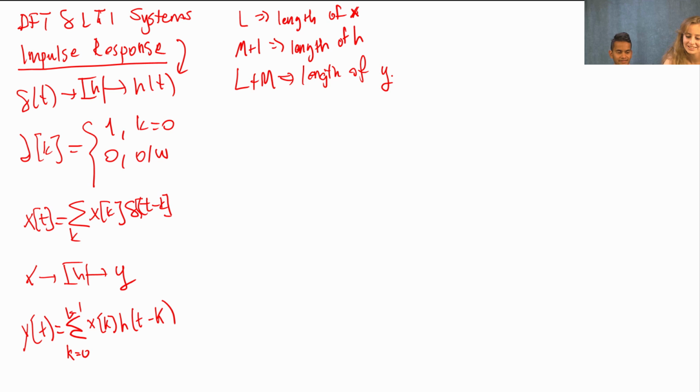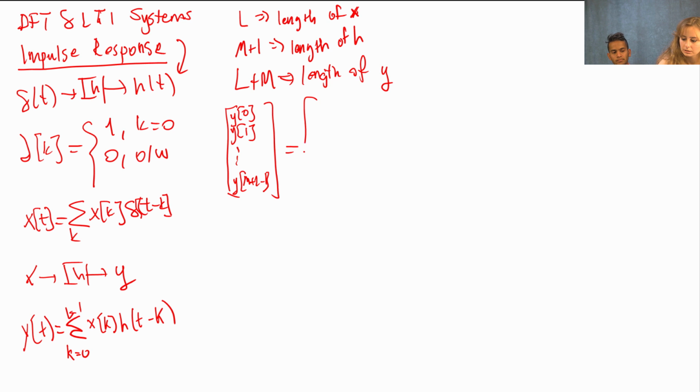Circulant matrices are great. Okay, so if we define this convolution sum as a linear system with matrices, then you're going to have y of 0, y of 1, to y of M plus L minus 1.